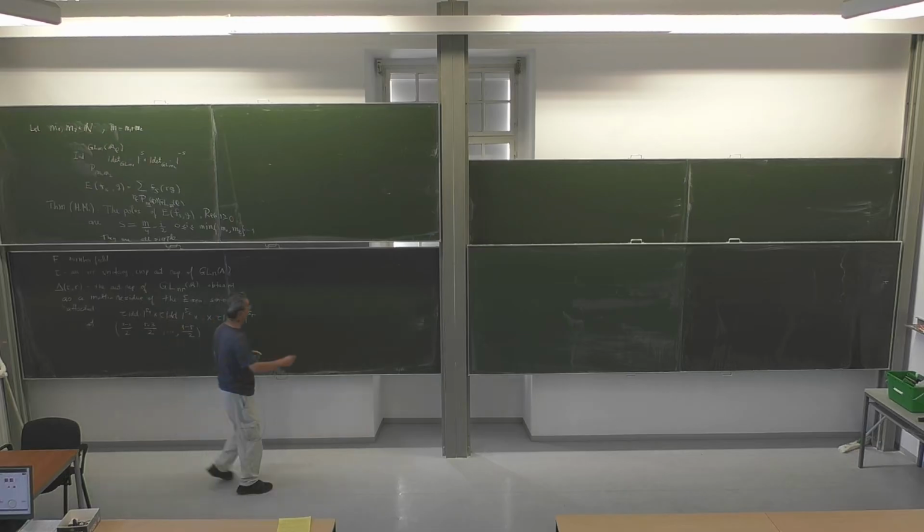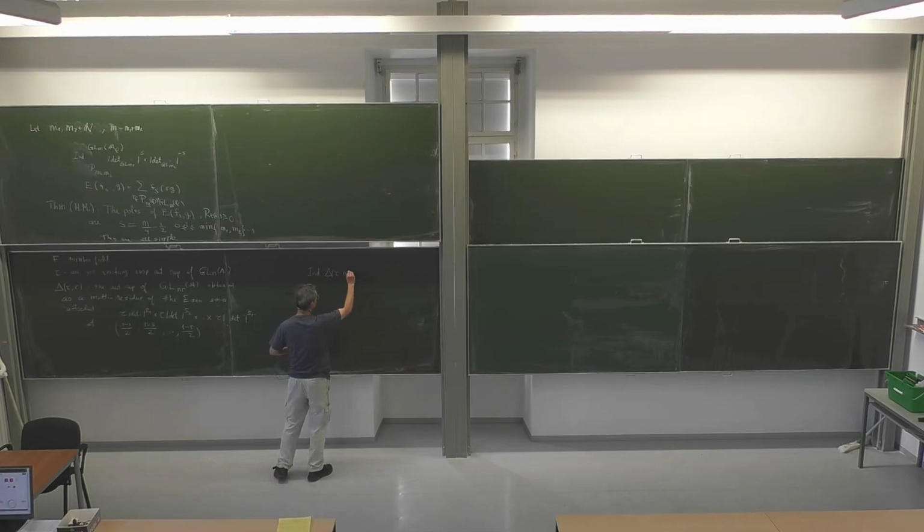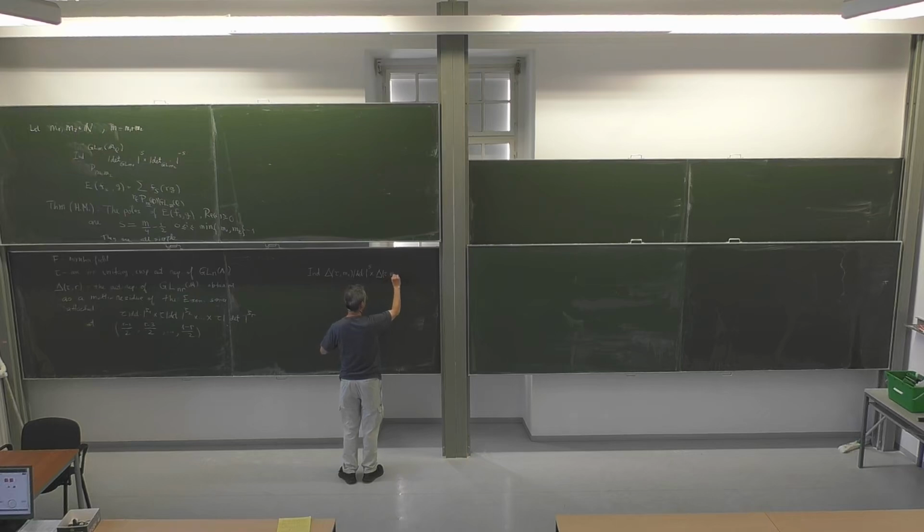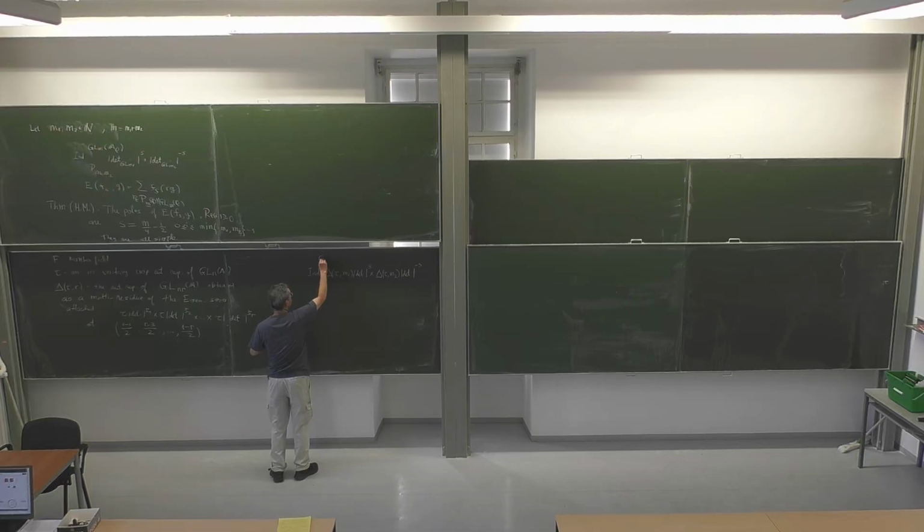So I'm going to consider the following parabolic induction. Take a Speh representation of length m1, twisted by determinant to the s, and the Speh representation of the same tau of another length m2. And take the parabolic induction to GL_{mN}(A) from the standard parabolic subgroup. Let me denote this parabolic induction by rho with index Delta(tau, m underline, s), where m underline is the pair m1, m2, and s is the complex parameter.